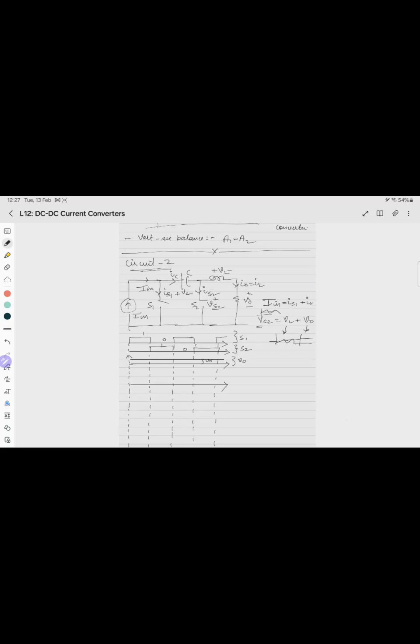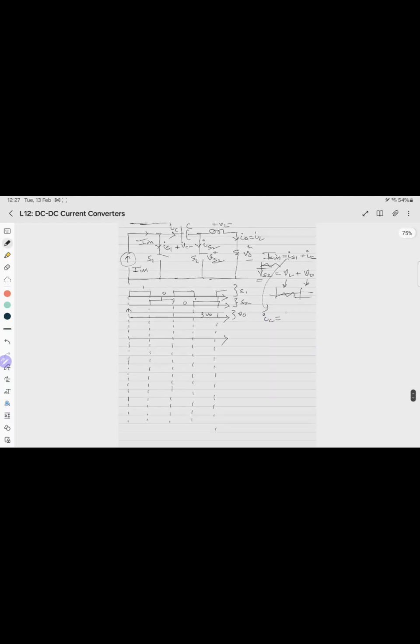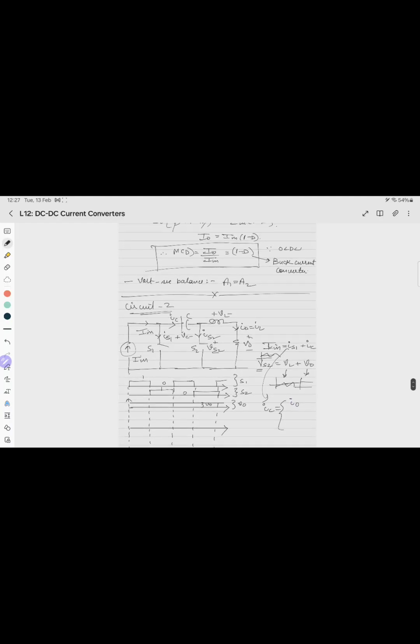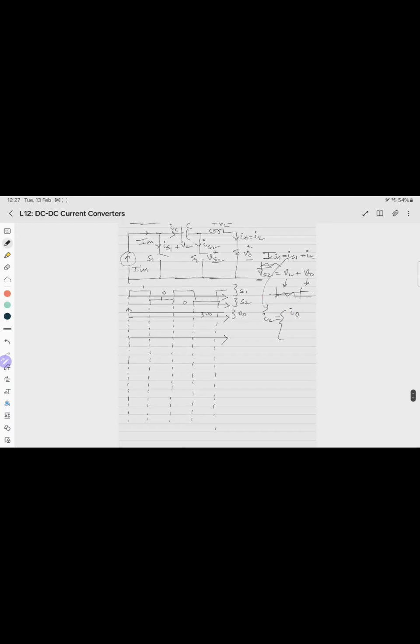So from this equation, what is IC? If the switch S1 is on and S2 is off, in that case IC will be equal to I0, or say it is equal to IL.